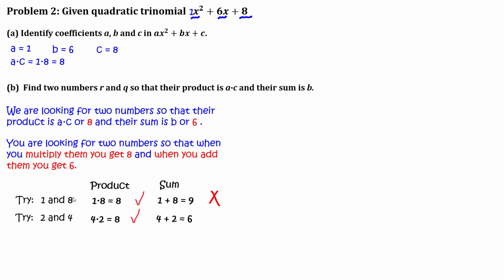And then 4 plus 2 equals 6, so that checks out as well. So 2 and 4 do multiply to 8, and they do add up to 6. You can say r equals 2 and q equals 4, or r equals 4 and q equals 2. The two numbers are 2 and 4. All right, so let's try this one more time.